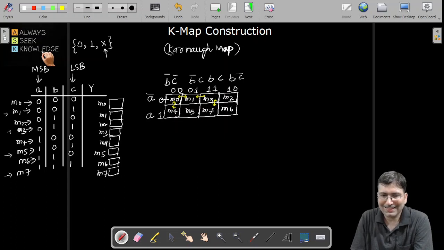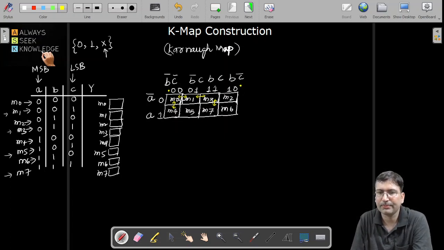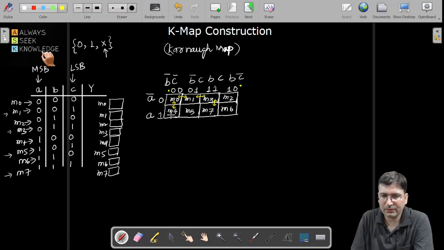But if you compare these things like M0 and M2, there is a cyclic property. This and this value, these two cells are also differing by 1 bit. Similarly, M4 and M6 must be differing by 1 bit. So M4 is here, it is 1 0 0, and M6 is here 1 1 0.